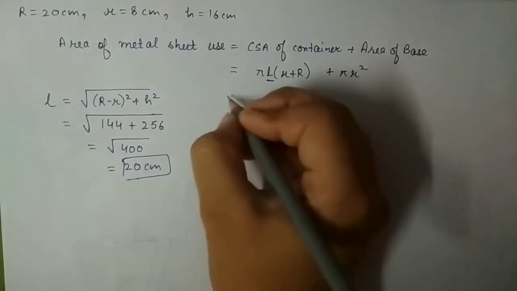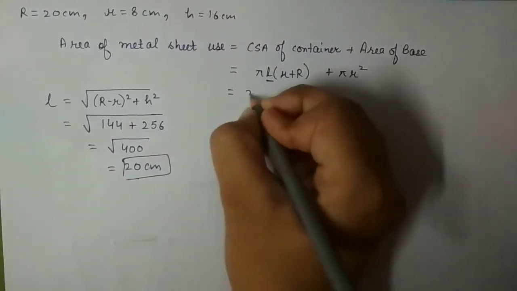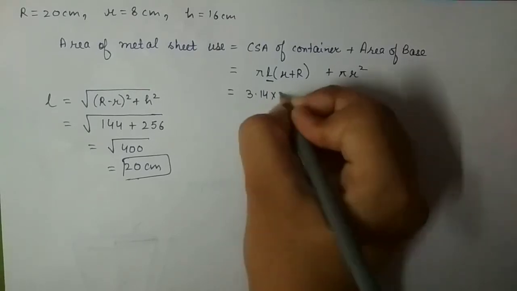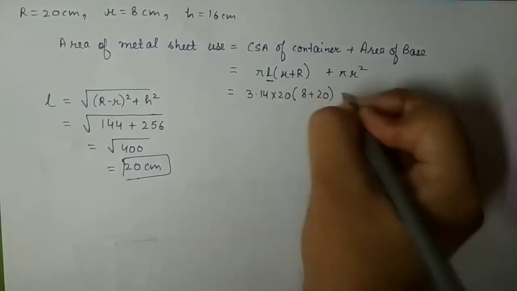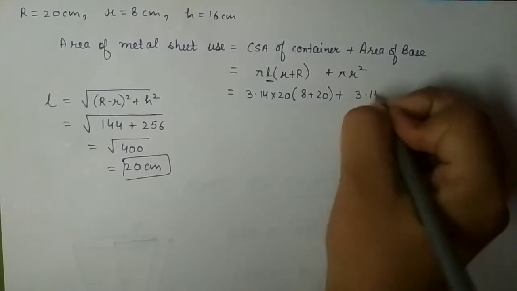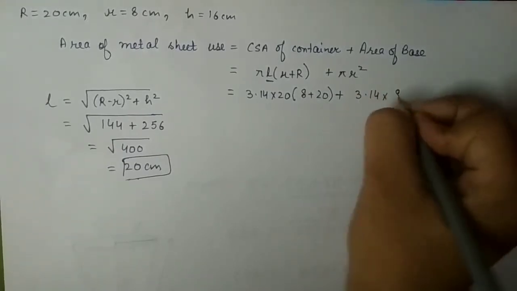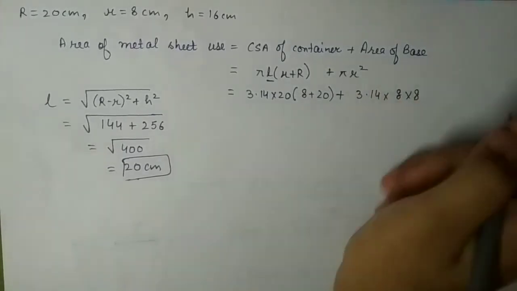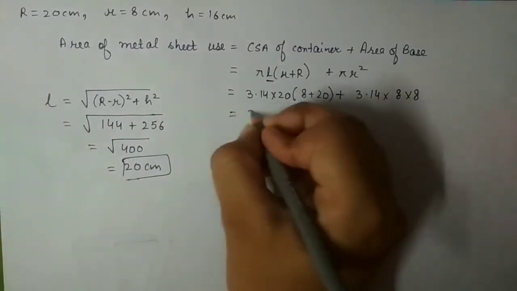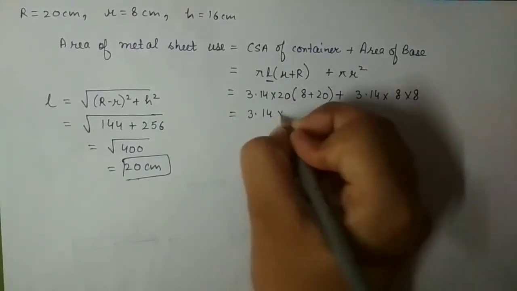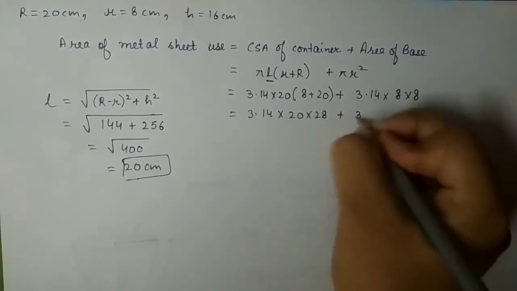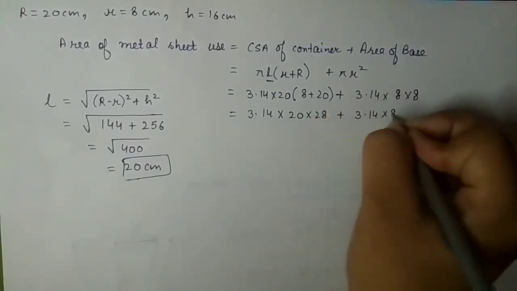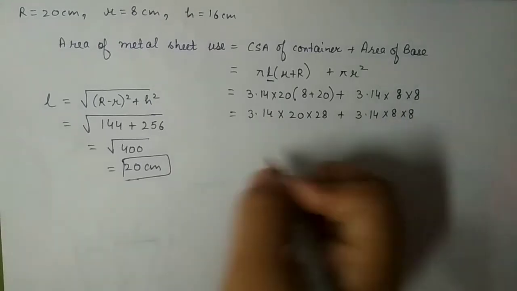Now you put the value of L here, and pi is 3.14 into 20, small r is 8 and capital R is 20, plus 3.14 into 8 into 8. Okay, so now from here you get 3.14 into 20 into 28 plus 3.14 into 8 into 8. So what you can take out common?